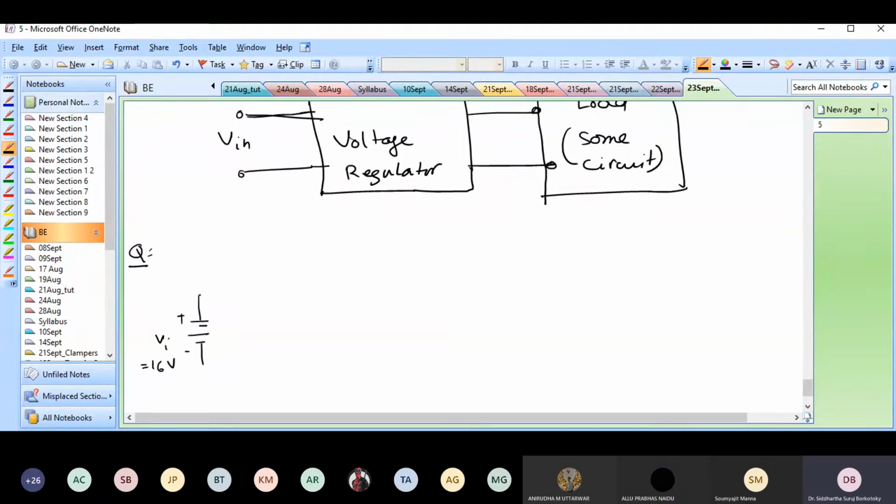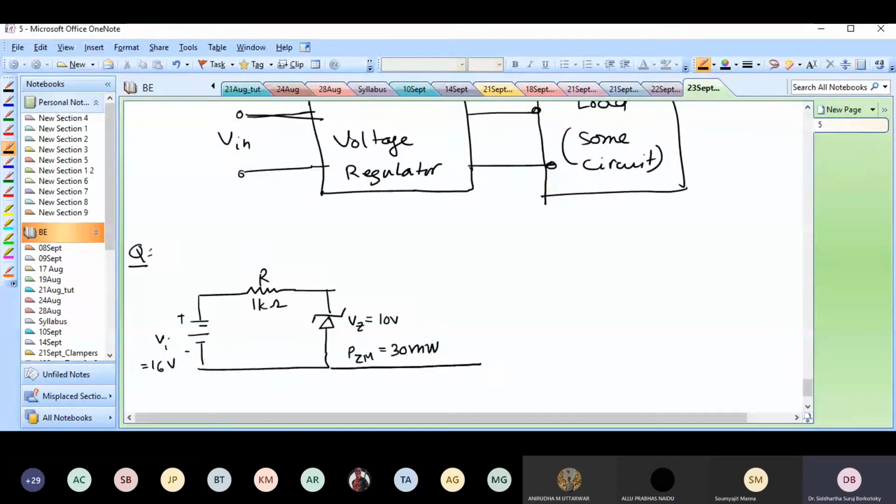I have a 1 kilo ohm resistor. Then I have a Zener diode. The Zener potential of this diode is 10 volts. And PZM, which is the maximum Zener power, is 30 milliwatts. This is called the power rating of the diode, the maximum power this diode can handle.